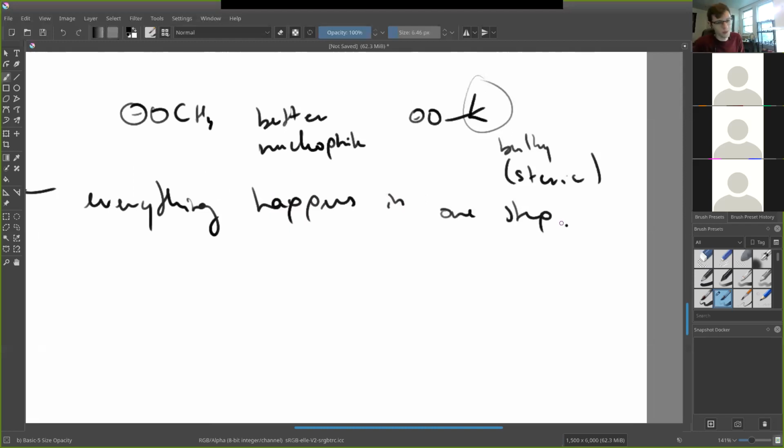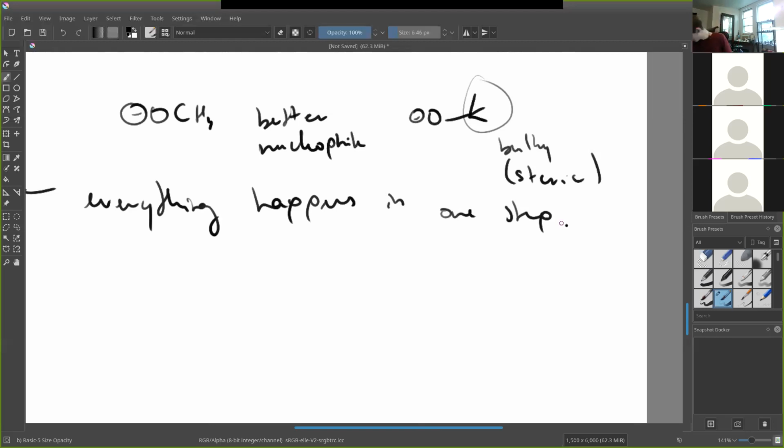Some people might say, if you want to get more into it, that it has to do with the rate depending on the concentrations of both reactants. Because everything happens in one step, you need both things to show up at once.